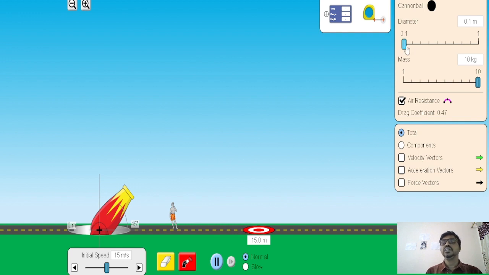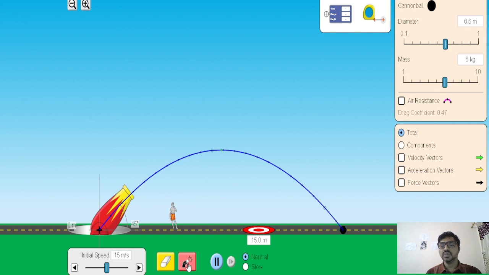First thing is, when there is no air resistance, the path is going to be the same for any size. You take 0.1 diameter, same path. Or maybe you take 1 meter and project it, it is going to produce the same path.